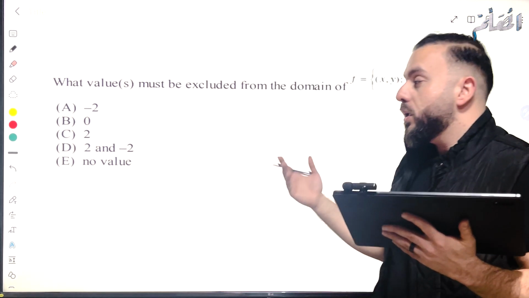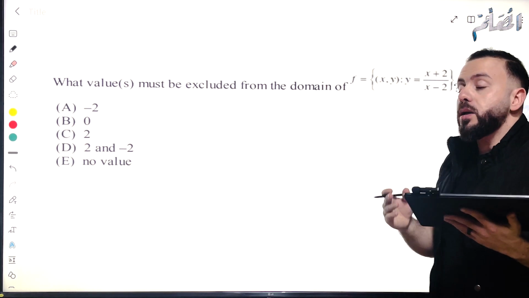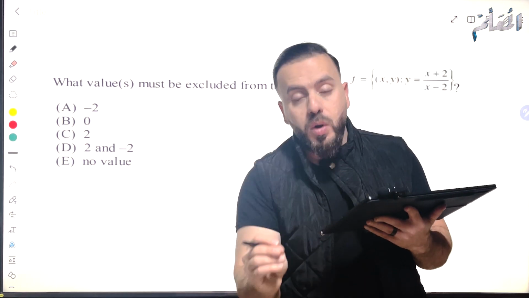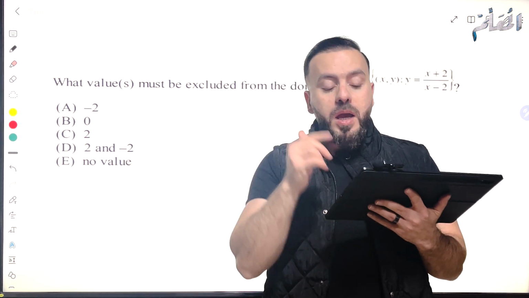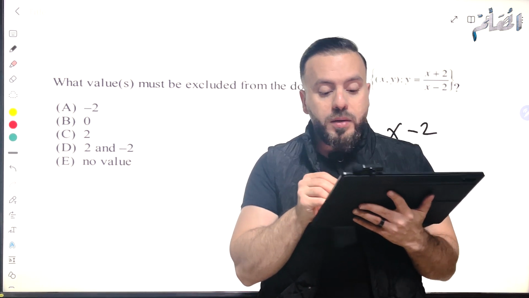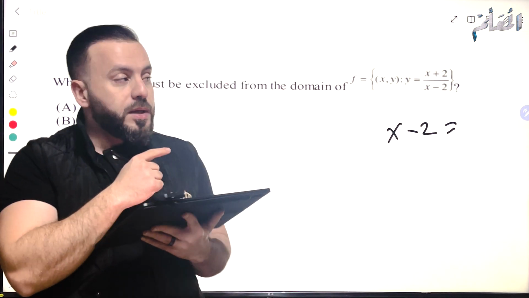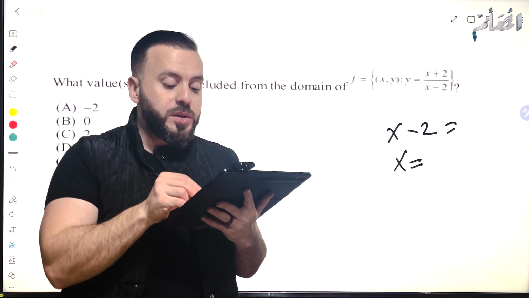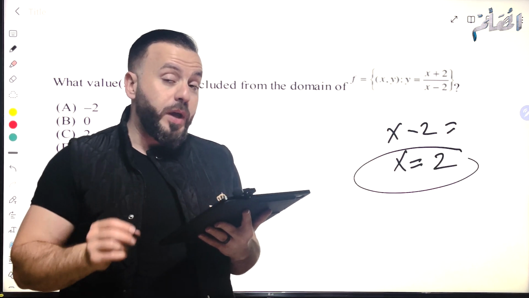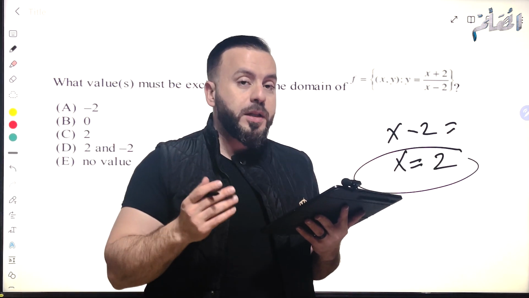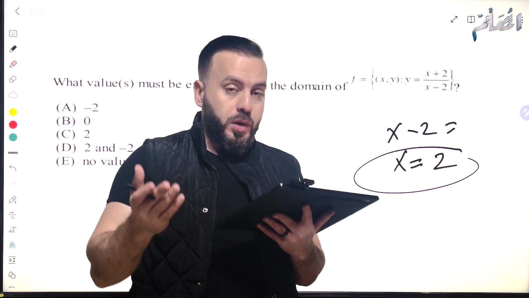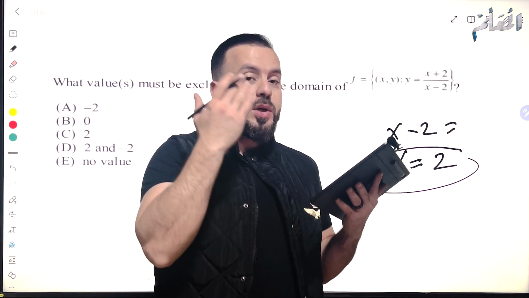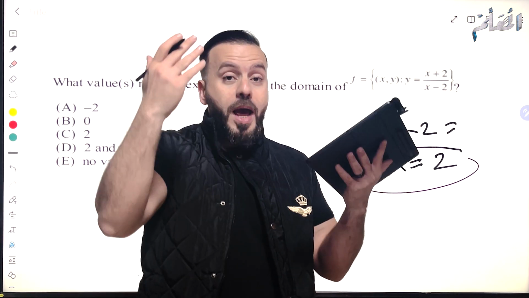So in this case, the problem comes in the denominator. I need to exclude the value that makes the denominator equal 0. In this case, I have x minus 2 in the denominator. The value of x that makes the denominator equal 0 is 2. So if x equals 2, the denominator equals 0, and then the expression of the function becomes undefined.